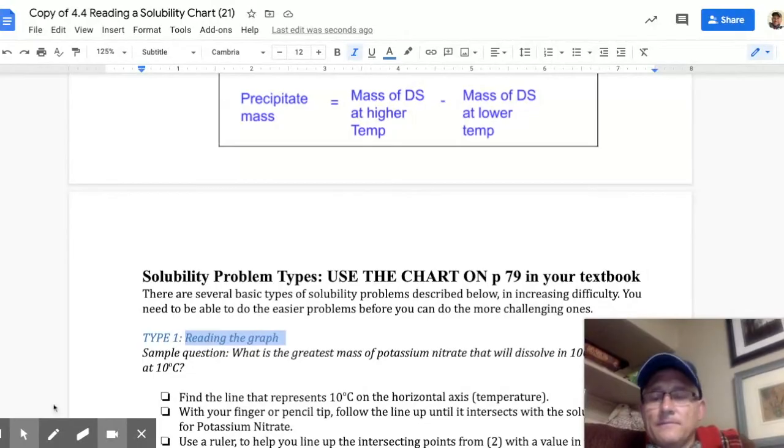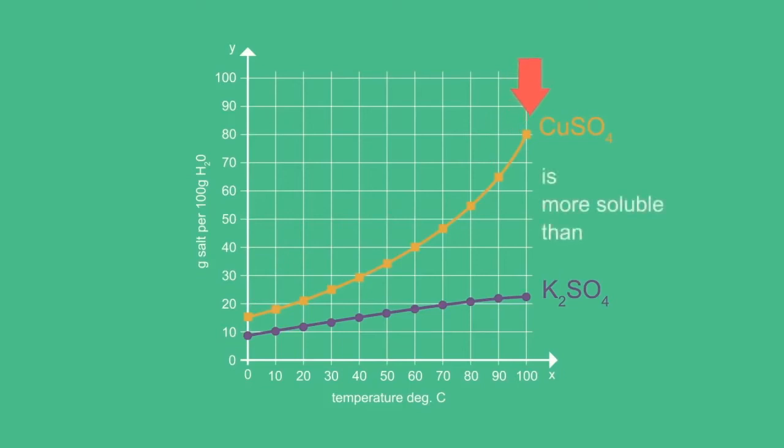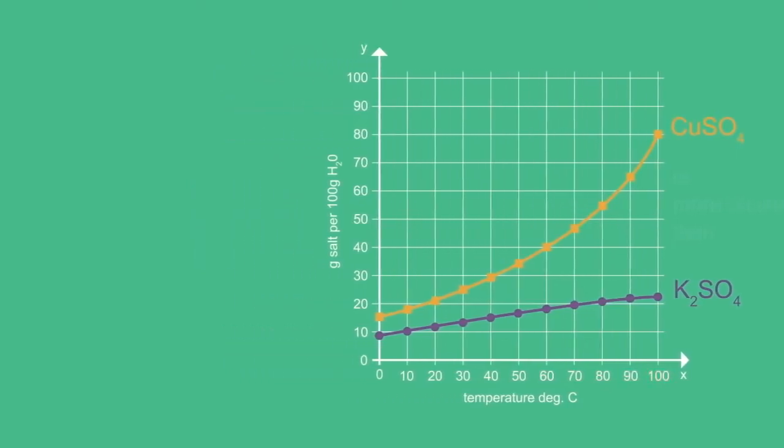Here are solubility curves for copper 2 sulfate and potassium sulfate. We can see that for all temperatures, copper 2 sulfate is more soluble than potassium sulfate. From a solubility curve, it is also possible to find solubility at a certain temperature. Let's say we wanted to find the solubility of copper 2 sulfate at 90 degrees Celsius.